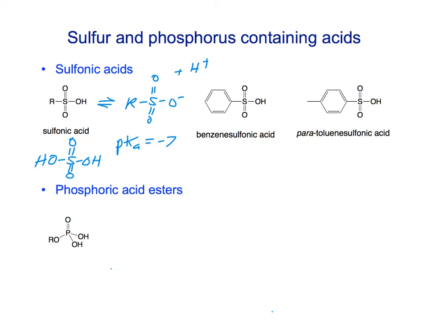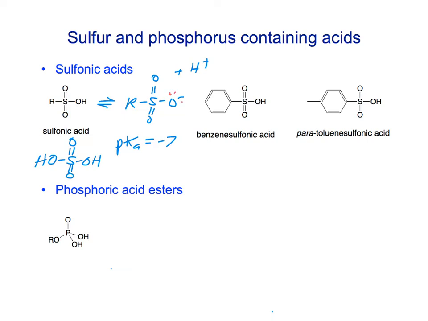And we've got the sulfur in the middle, and because sulfur is in the third row of the periodic table, it can have an expanded octet, it can go beyond the octet. So if you look at the structure as far as resonance, it's kind of like a carboxylic acid on steroids, right? It has even more resonance. So we can draw the resonance like this.